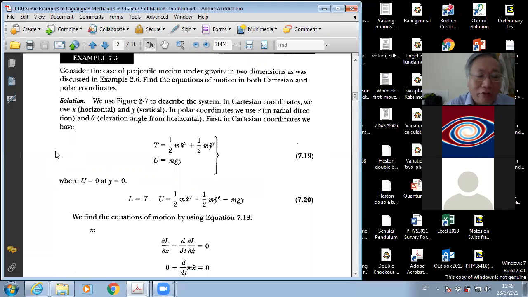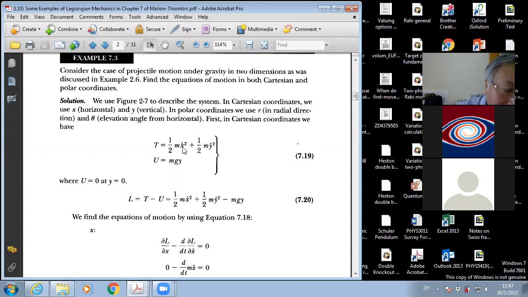So we can write down the kinetic energy and potential energy in Cartesian coordinates first. Okay, so the first step of our recipe of Lagrangian formulation is writing down the kinetic energy and potential energy in Cartesian coordinates. So the kinetic energy term consists of two terms.